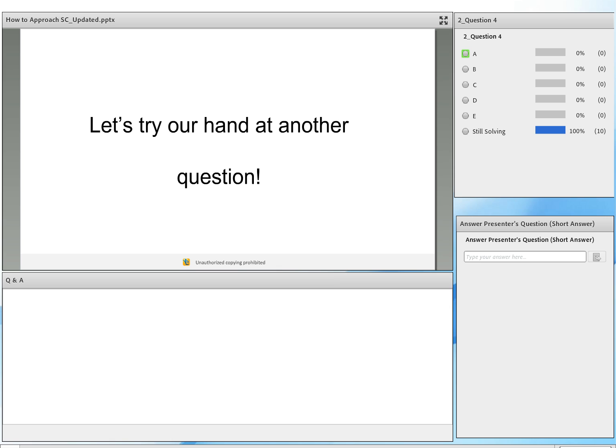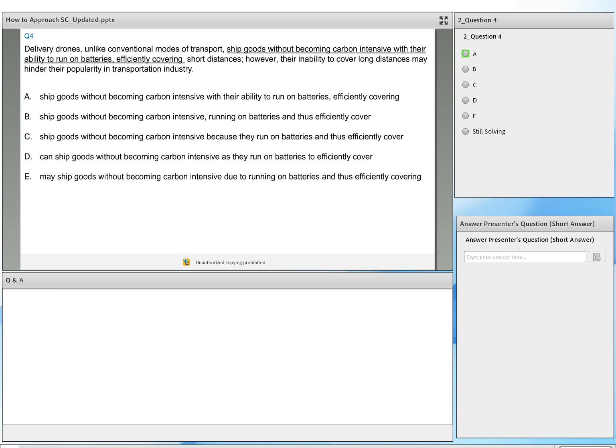Can you please click on still solving? All right, here you go.